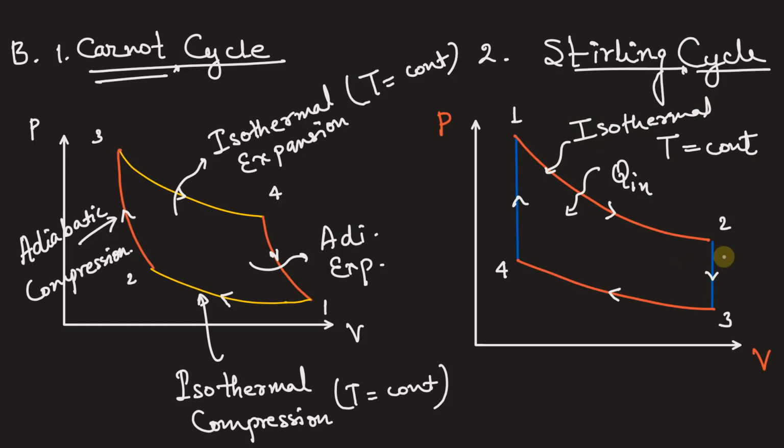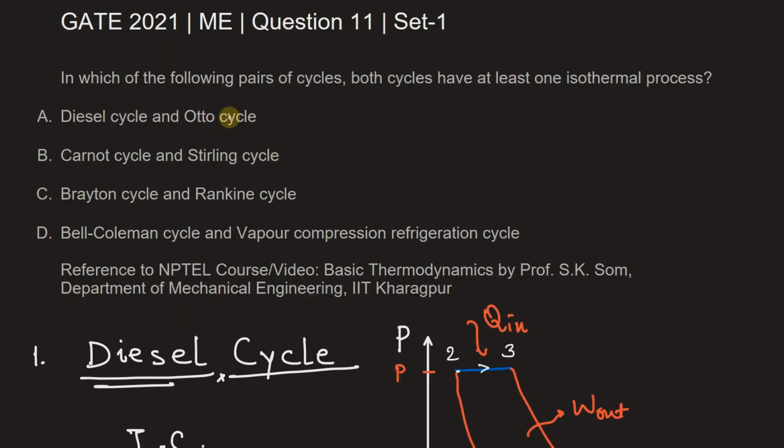And process 2 to 3 is a constant volume process. Again process 3 to 4 is an isothermal process in which heat is rejected from the system. So process 3 to 4 is also isothermal.